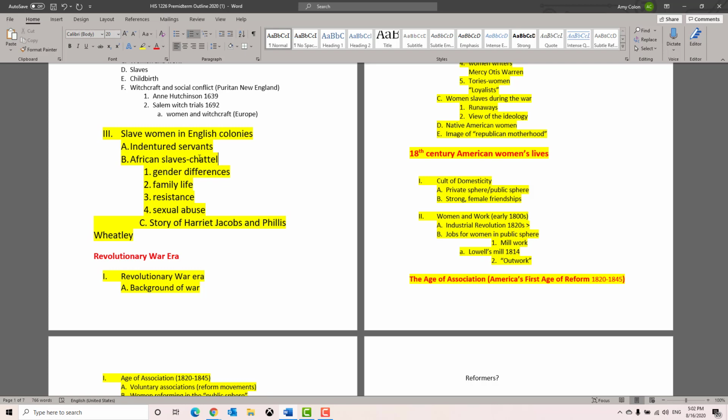All right, let's look at the differences, because women and men do have some differences in their slave experience. Number one, women do reproductive work, meaning women are the ones who are the child bearers. They're the ones who have to nurture the children in their early years.